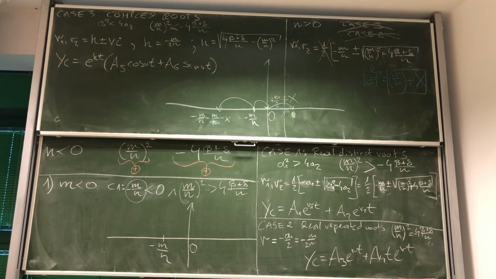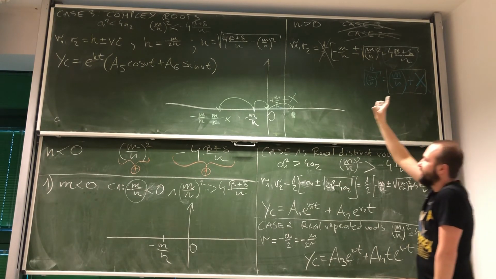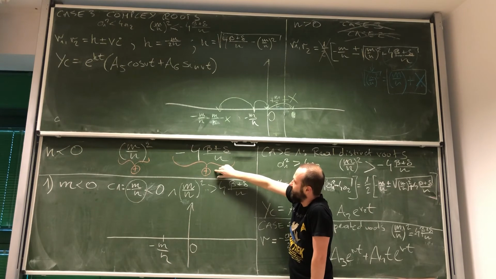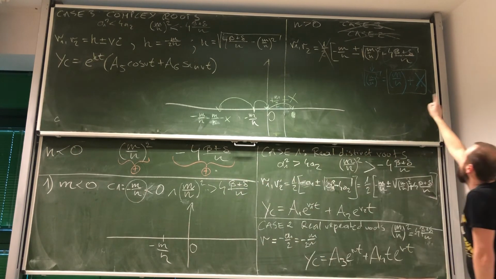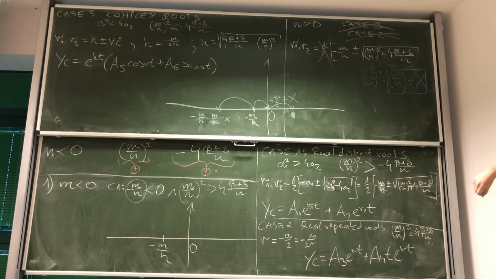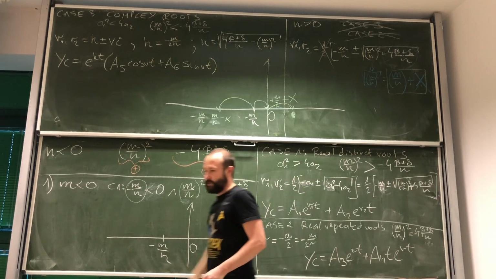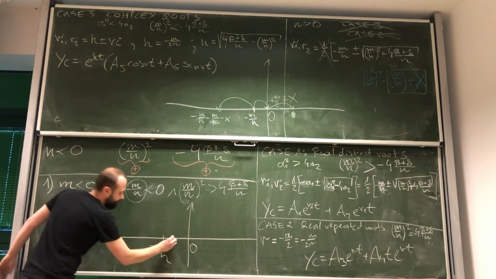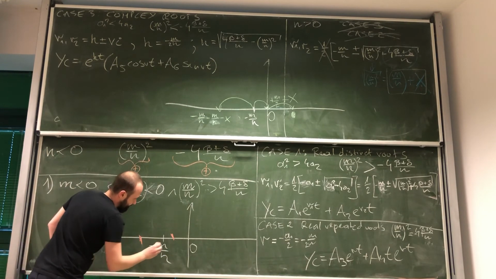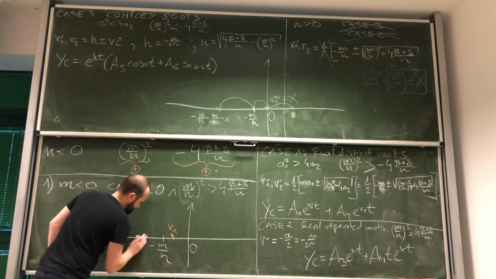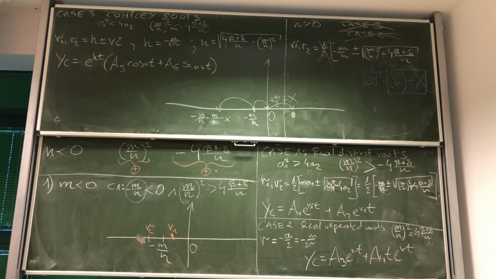But when we are subtracting it, right? Because we are adding it, but it has minus up front. So we know that we're going to get two roots that should be more symmetrical, somewhere around here.